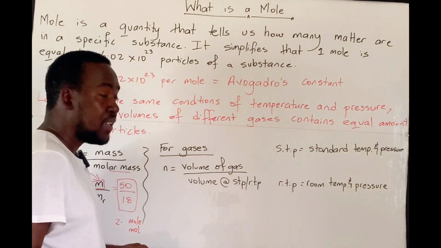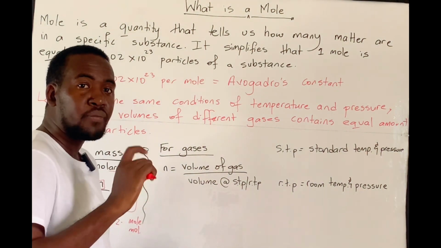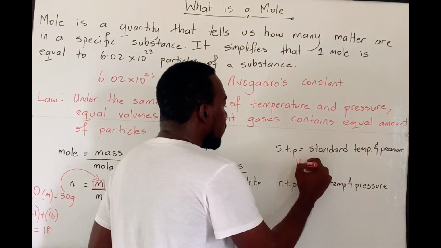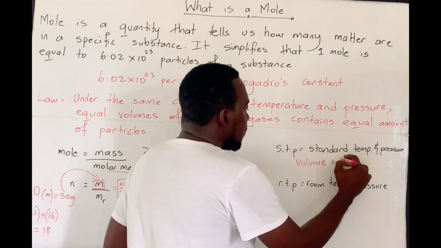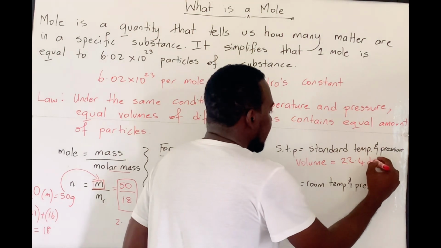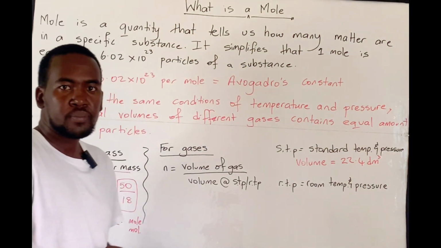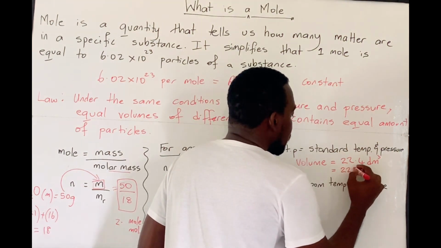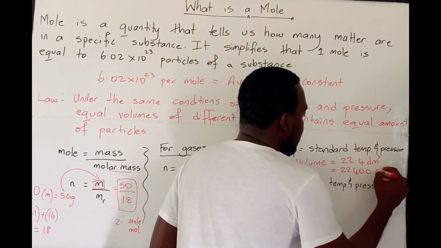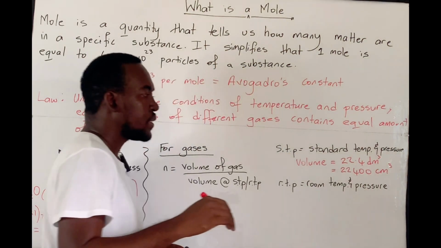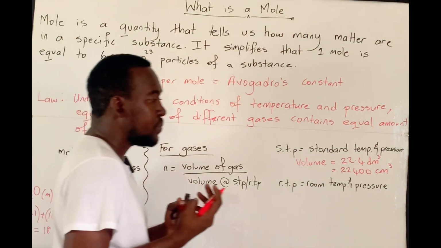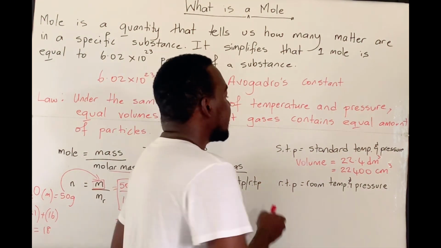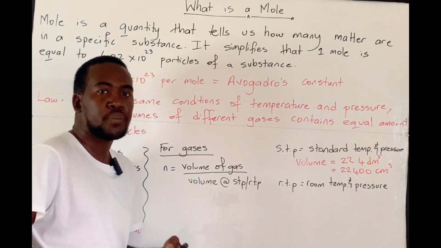If we had 1 mole of any gas, then at STP, it will occupy a volume of 22.4 dm cube, right? Which sometimes it's good to know that it would be 22,400 centimeters cubed, right? So that's the amount of volume that any gas will occupy if it is 1 mole of the gas at standard temperature and pressure.